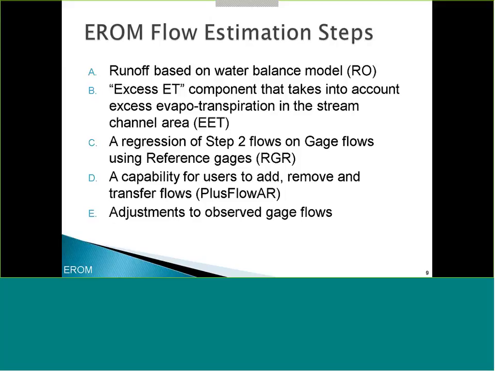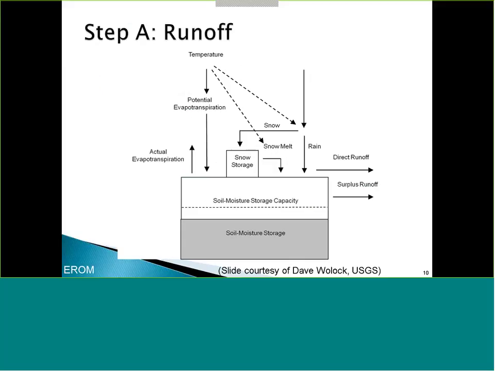Okay, now, so EROM, it has the 5 steps. Now, the first step is runoff. And the runoff is process-based. It's a method that was developed by Dave Wallach and Greg McCabe of USGS. They do a runoff model, and the model is run on a monthly time step.